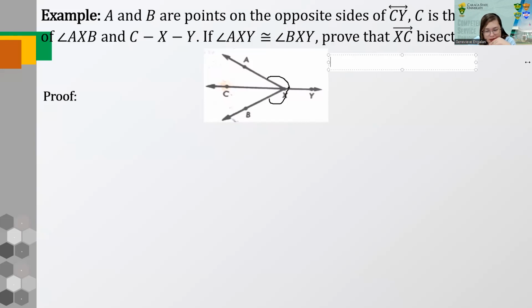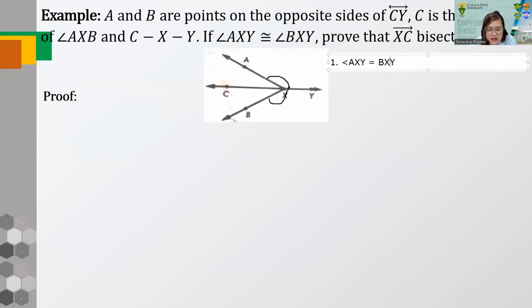Okay. We will have a two-column proof. Given, angle AXY is congruent to angle BXY.